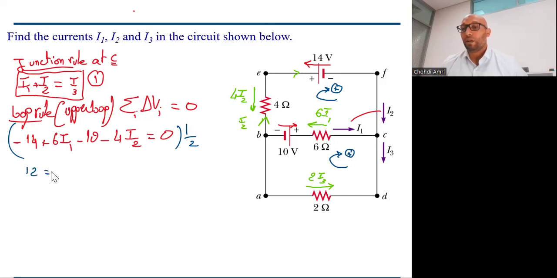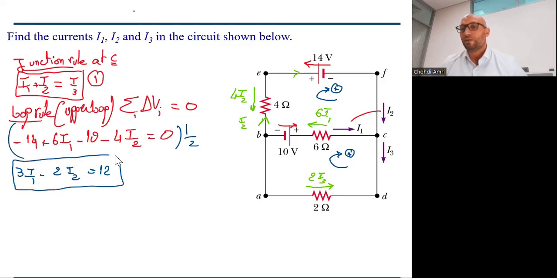Let's write the unknowns on the left side of the equation. 6I1 divided by 2 is 3I1, minus 4I2 divided by 2 is minus 2I2, equal to 12.